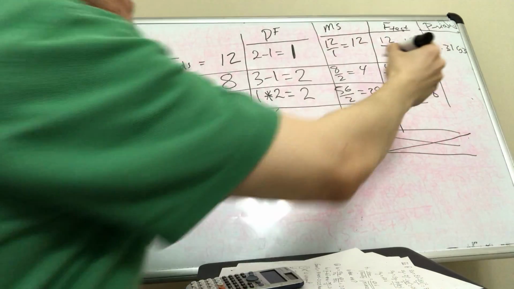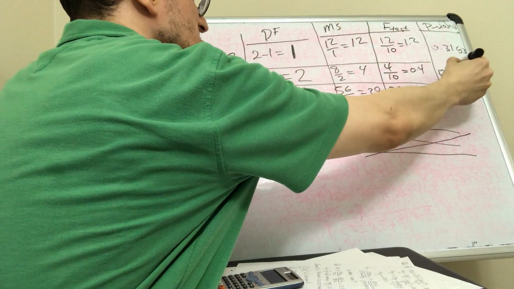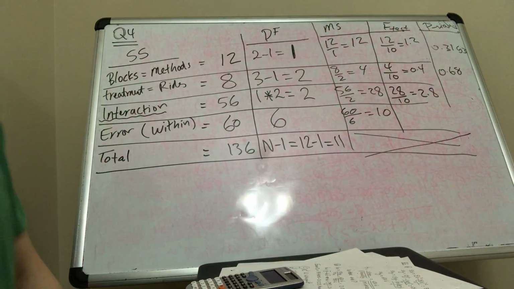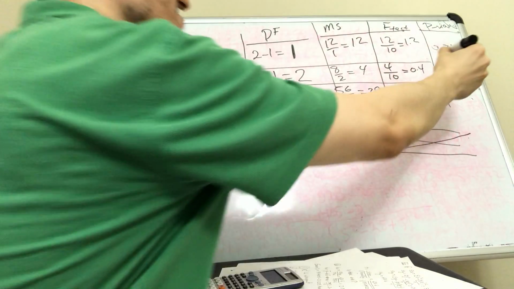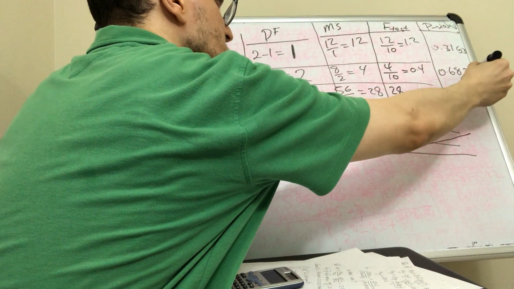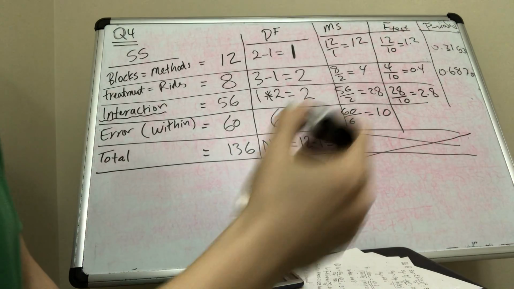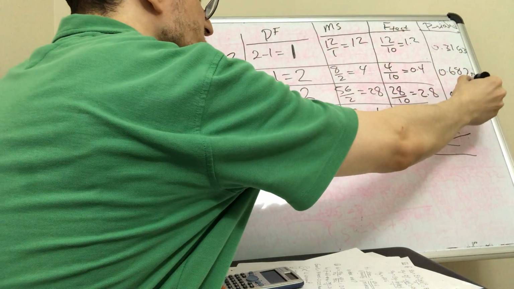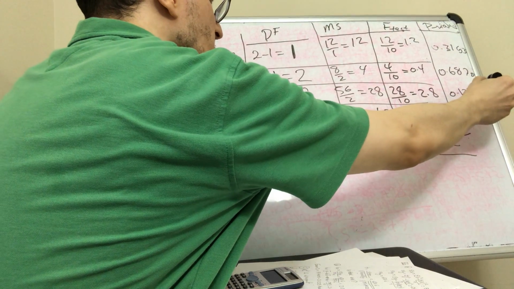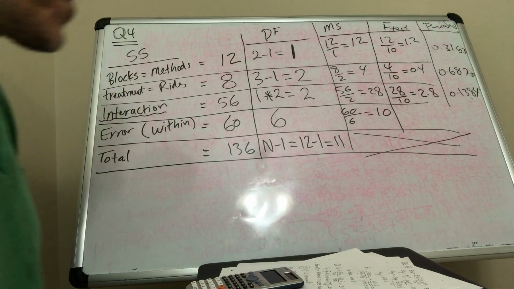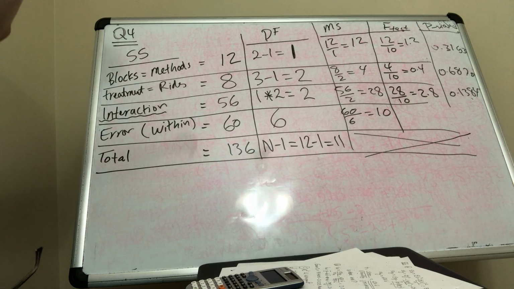For the second one, it is 0.6870. And for the third one, 0.1314. That would be the analysis section for the hypothesis or the calculations.